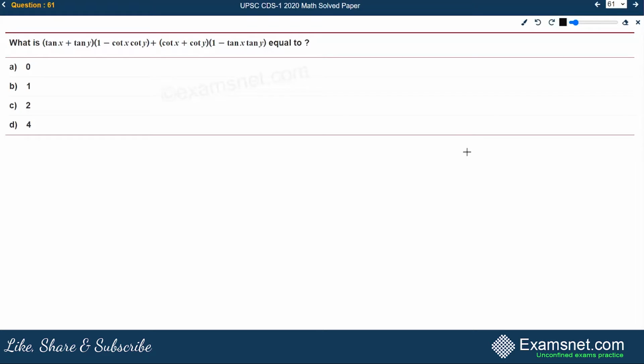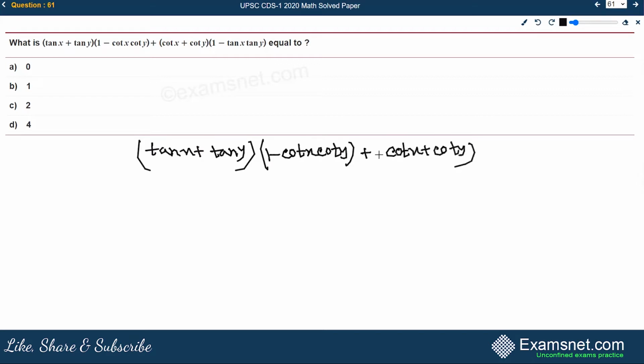In question number 61, we are given an expression. We need to find the value of this expression. Let me first write the given expression, that is tan x plus tan y times 1 minus cot x cot y plus cot x plus cot y multiplied by 1 minus tan x tan y.